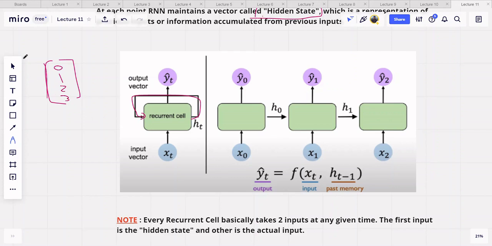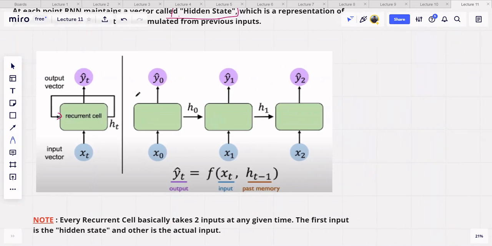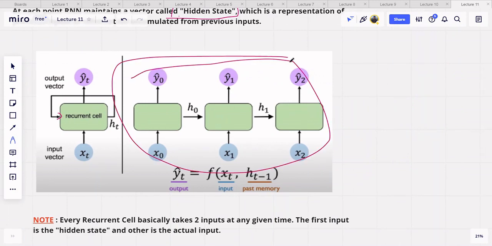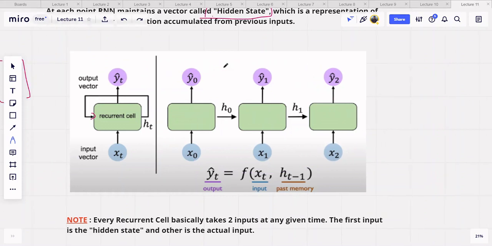This hidden state is given as input to the recurrent cell multiple times, through this looping mechanism. What you are seeing here is not a fully connected layer. It's not a multi-layer perceptron, but rather a single recurrent neural network.